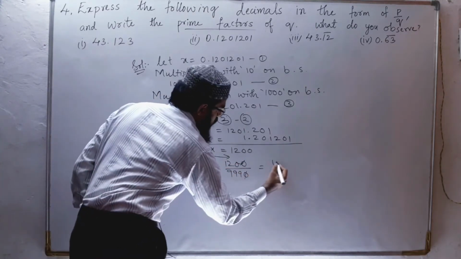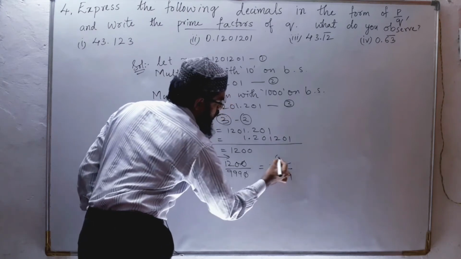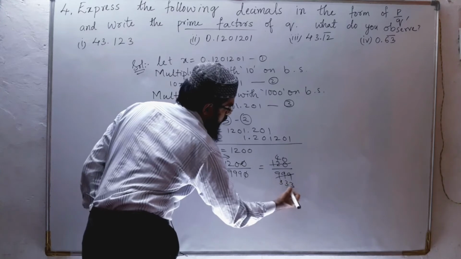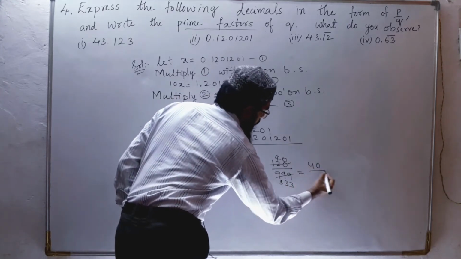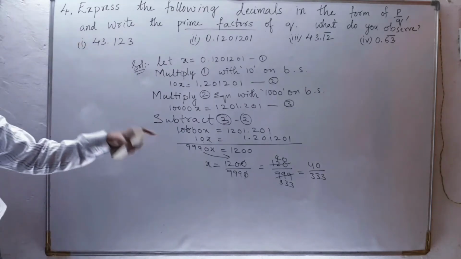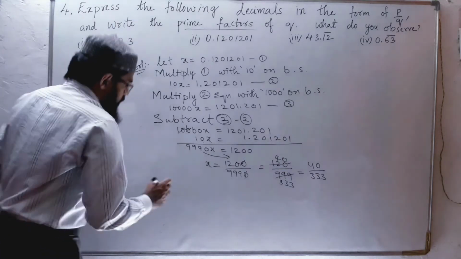If we cancel, 120 by 999, then 3 fours are 12, 3 threes are 9, so we get 40 by 333. Here the denominator is not of the form 2 to the power of m into 5 to the power of n.